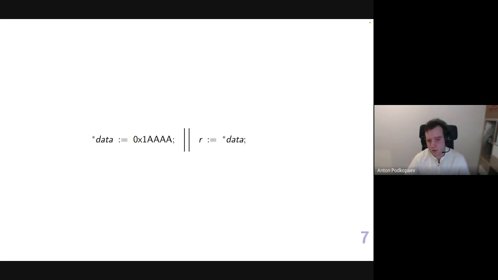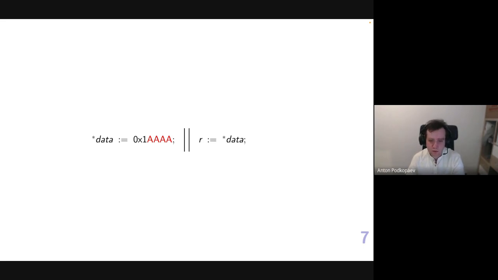Suppose you have a shared memory cell called data, and one thread writes to data, and the other thread reads from data. And suppose the data type of data is bigger than a word in the computer, so the read is actually split into two accesses.